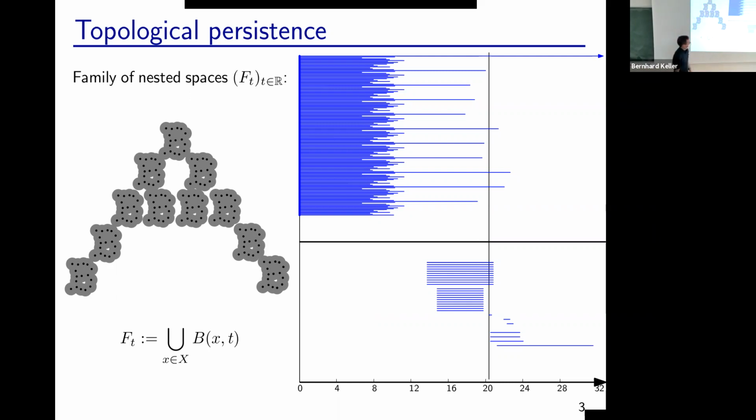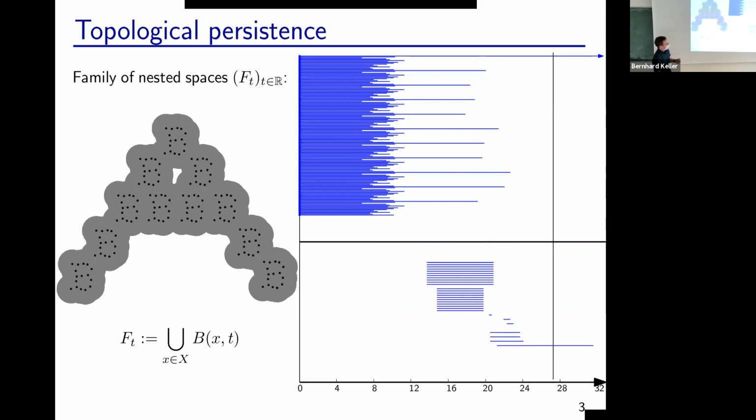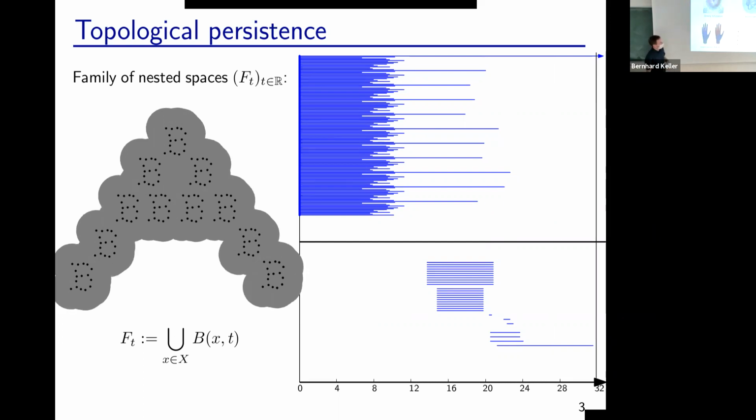And what I claim is that when you do that, you can decompose the object that you get at the algebraic level. So I'll come back to this right afterwards. In a way that you get a barcode, one for homology degree 0, so connected components, one for homology degree 1, and likewise, you would have a barcode for homology degree 2, degree 3, and so on. And so this barcode allows us to track the evolution of the topology within this growing union of balls. And this is the basic way to obtain barcodes from data.